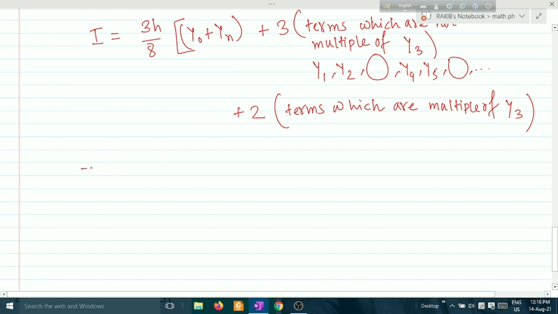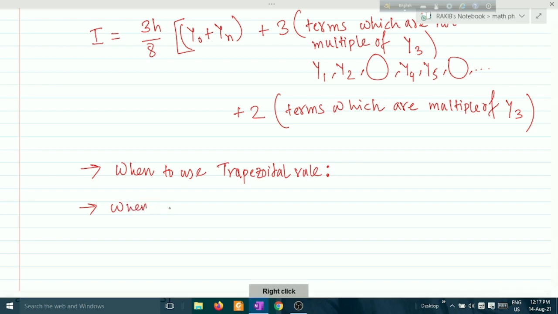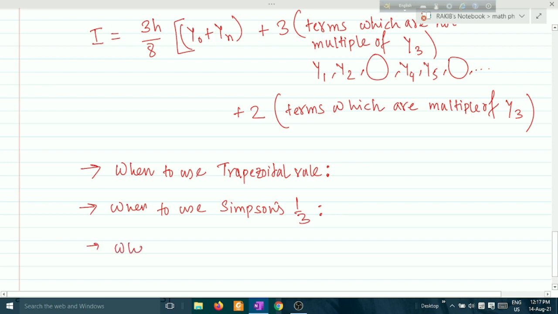When to use the trapezoidal rule, when to use Simpson's 1/3 rule, and when to use Simpson's 3/8 rule?